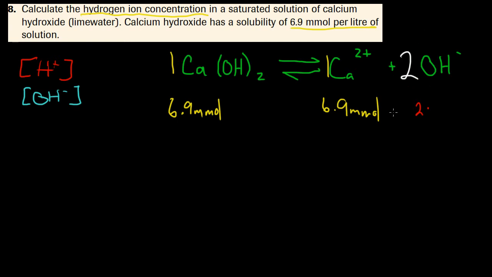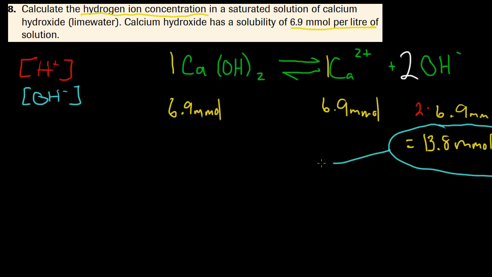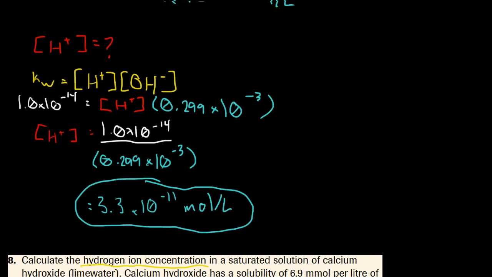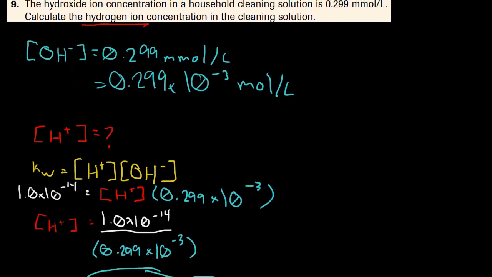So we have 2 times 6.9 millimoles, and you'll receive 13.8 millimoles per liter. So we now have a concentration of hydroxide, and from here, the problem is no different than the first problem that we did up here. We just plug in the values and solve.